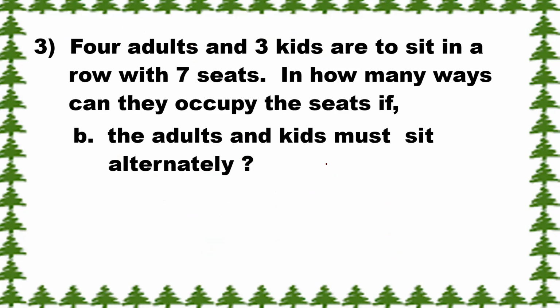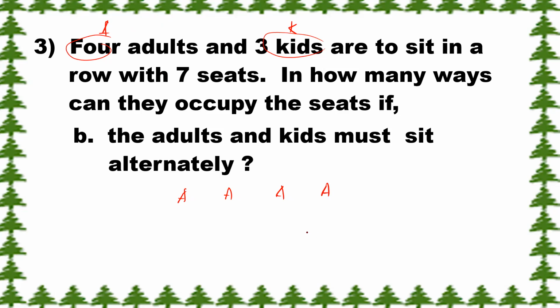How about if the adults and kids must sit alternately? Meaning, there are 4 adults and 3 kids. Let us represent the adults as A and the kids as letter K. So there are 4 adults.